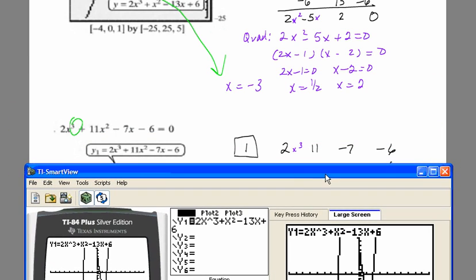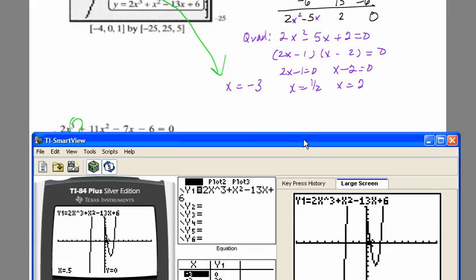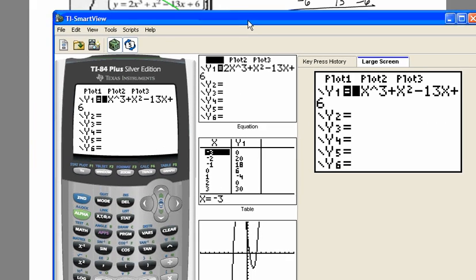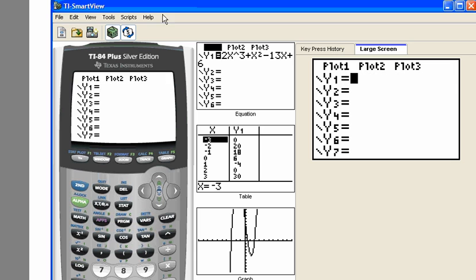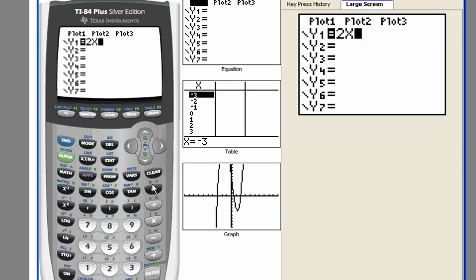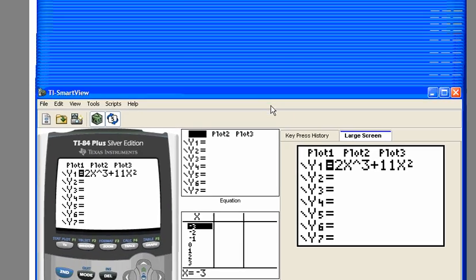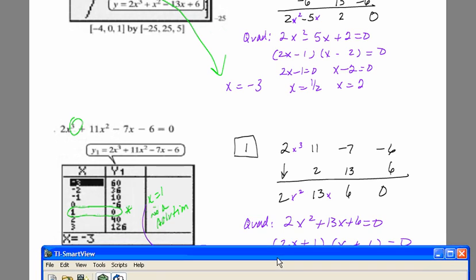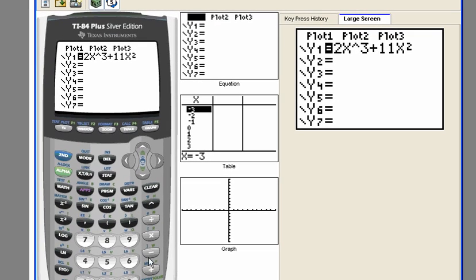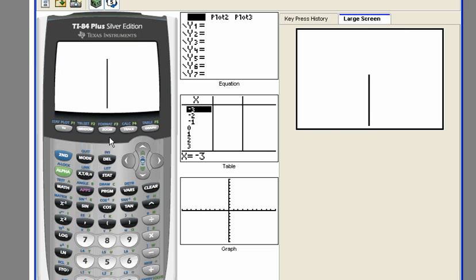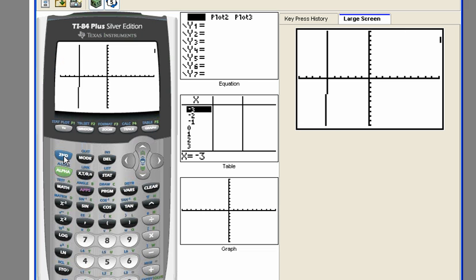So we need to type that in. 2x cubed plus 11x squared minus 7x minus 6. I'll graph it, and I'll go to the table feature and just see if it picks up those values that we've indicated when we did the algebra.